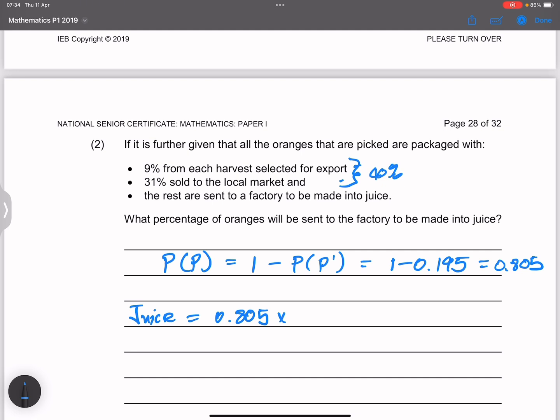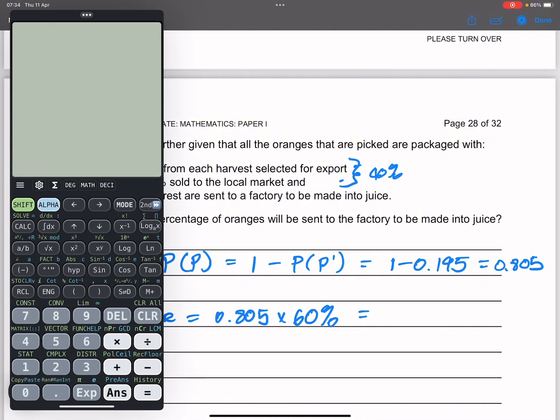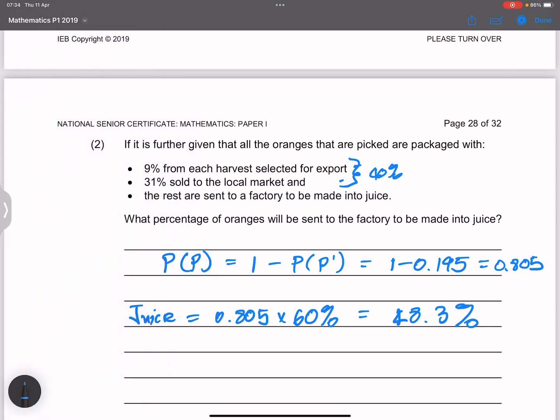So that's 0.805 times 0.6, so that will be 48.3% that will actually be made into juice.